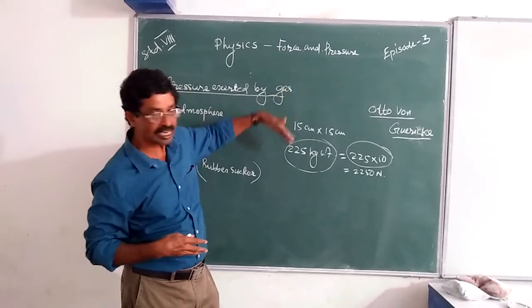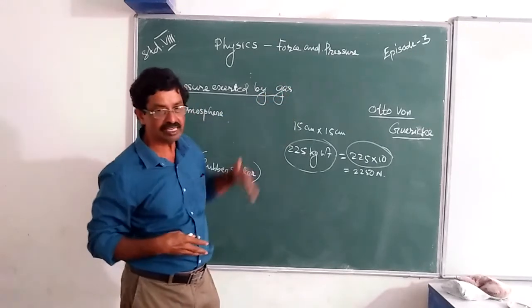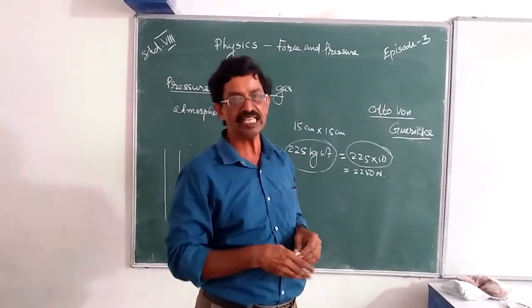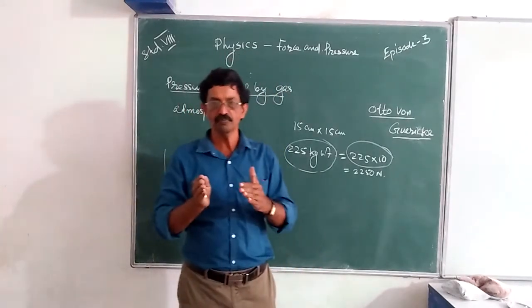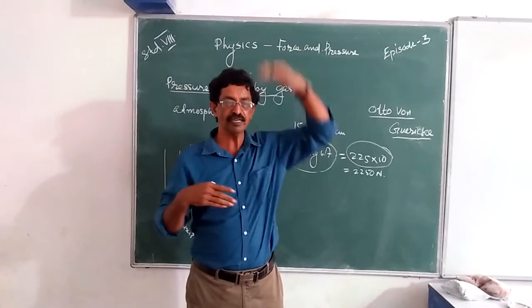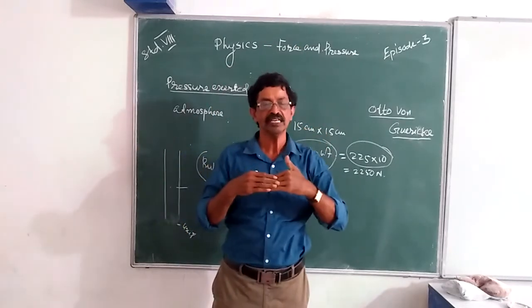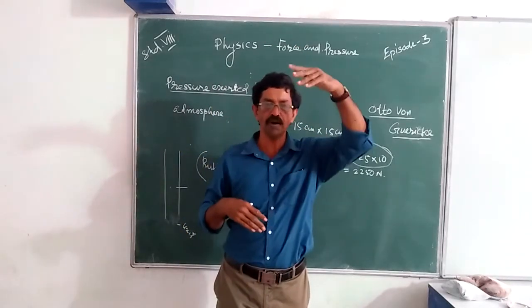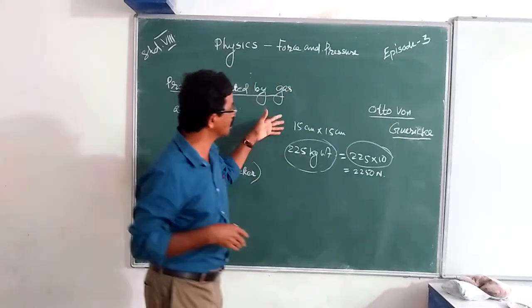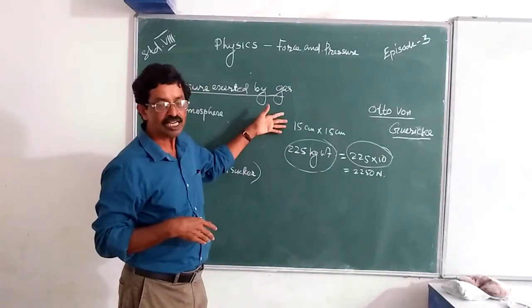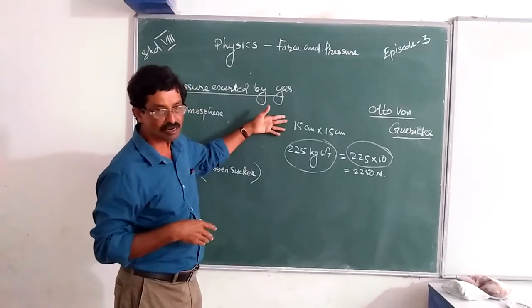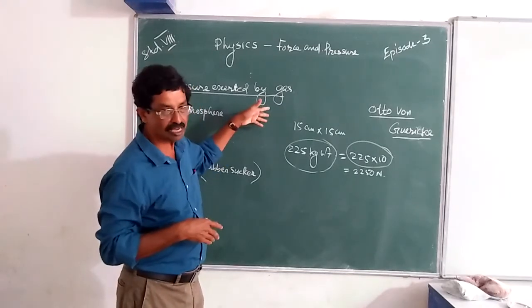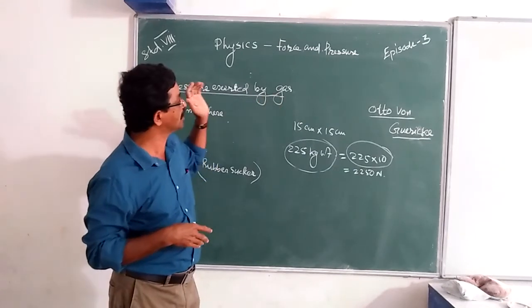Why do mountaineers face nasal bleeding sometimes? Here, both the outside pressure and our body pressure are the same, but as we go up, height increases and pressure gradually decreases. Due to this pressure difference, some blood veins in our nose can break, and nasal bleeding happens.